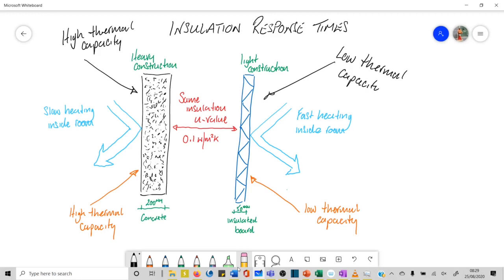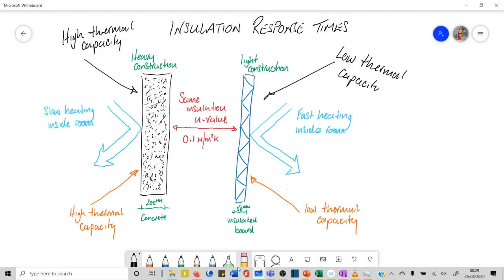Whereas the low thermal capacity, although it has the same U value, 0.1, rapidly heats up. So we're talking internal walls, bedrooms, living rooms, where we put the heating on, and we want rooms to heat up very quickly, and also the heat's going to transfer through both sides.